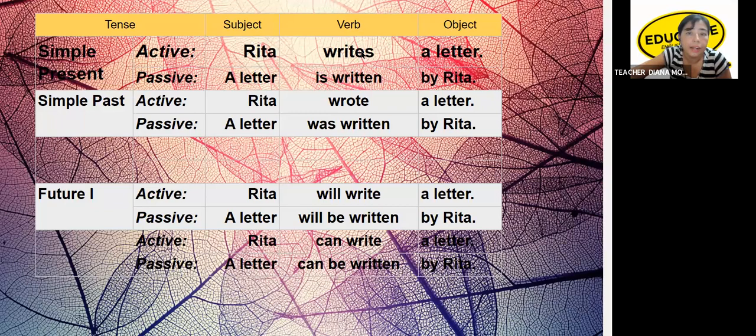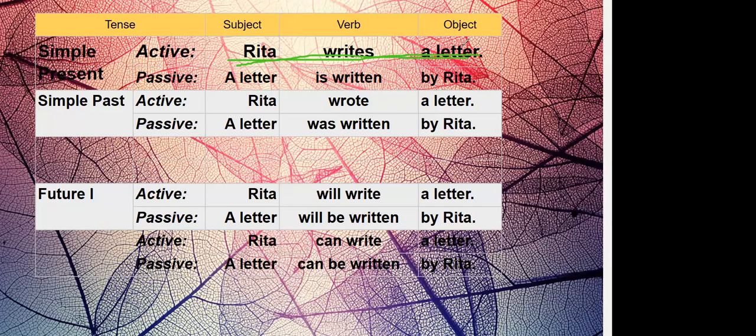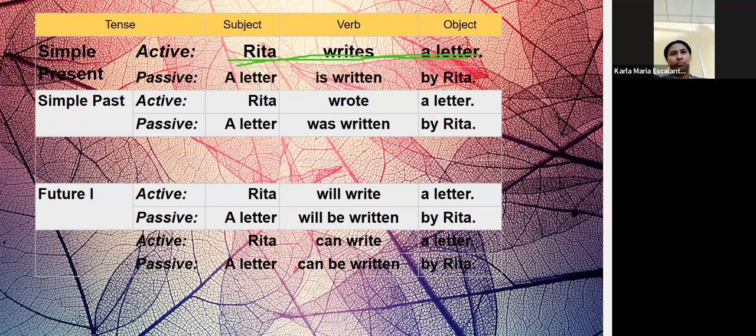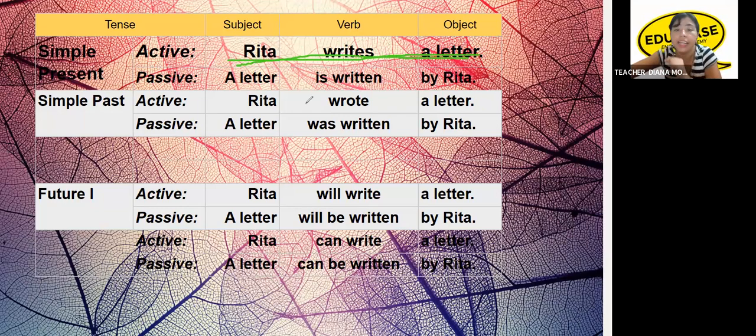Rita writes a letter. This is the active voice, the normal form, the one that we use in daily life, right? Rita writes a letter.